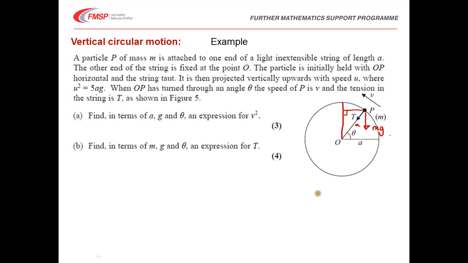Okay, so we're trying to find an expression for v squared here. Good practice at this point to read ahead in the question and notice that in a minute it's going to ask me for an expression for T. Now if it's going to ask me for an expression for T in a minute, the chances are I'm not going to be using Newton's second law for the first part of the question, because I'm later going to be looking at the value of one of the forces.